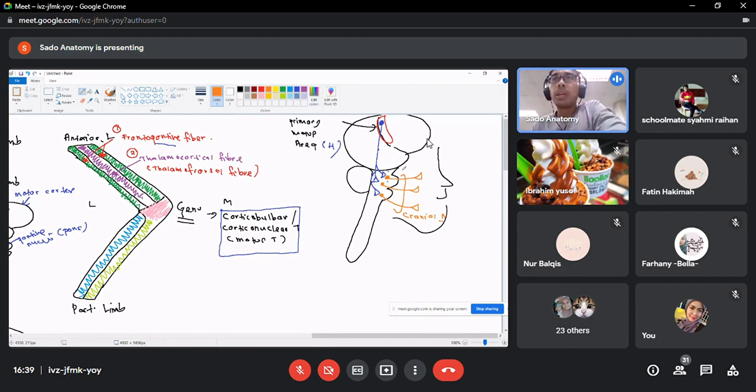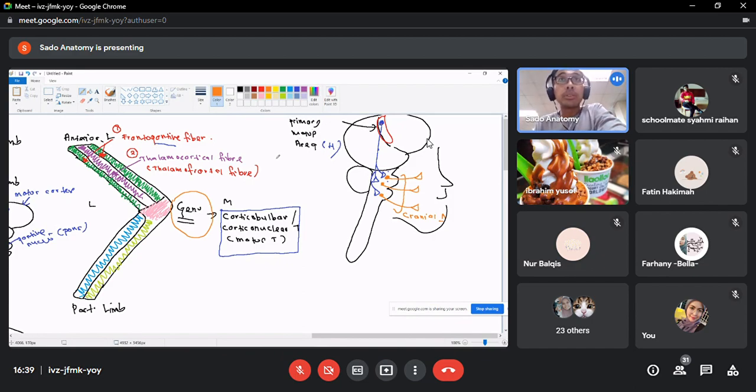No, but that is not our point. What I want to emphasize now is that this genu basically becomes the passageway of this tract. This tract you call a corticobulbar tract. Okay, what is corticobulbar tract? Corticobulbar tract is a tract which basically comes from primary motor area number 4.